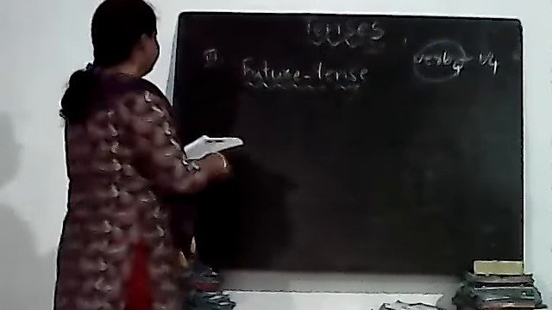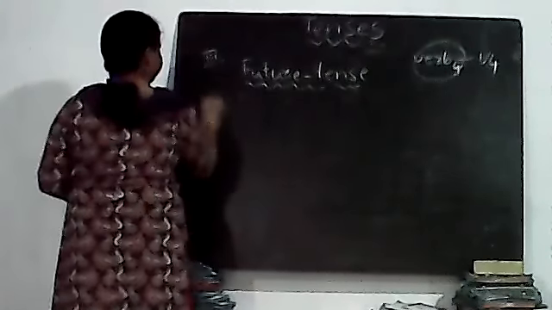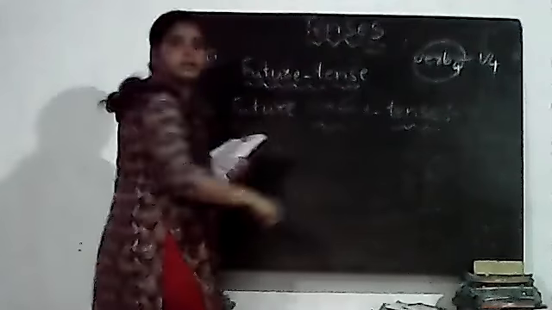So the third one, future perfect tense. Now the perfect tense structure goes: subject plus shall or will, plus have.